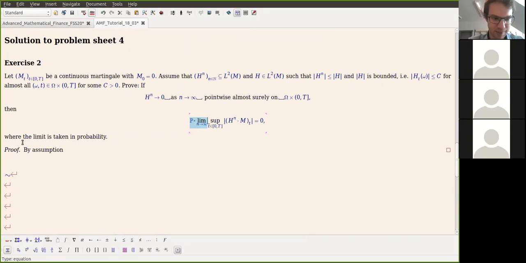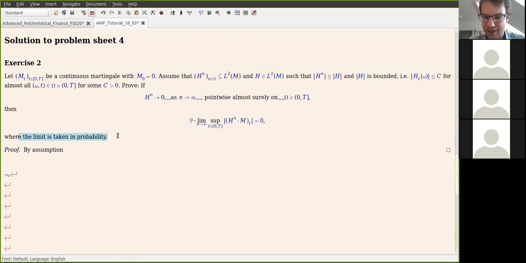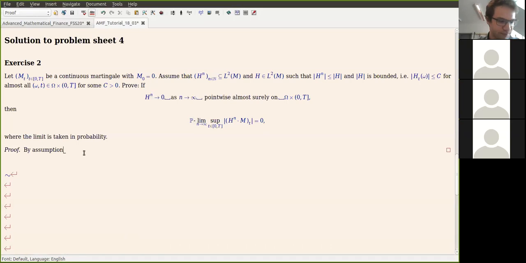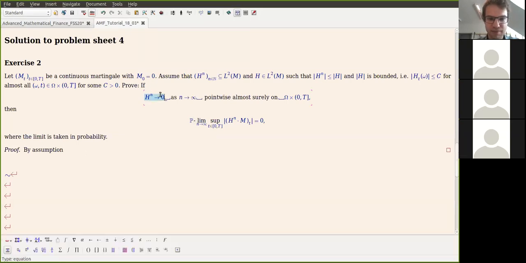This is the limit in probability, just written out again so that you see. And of course, if the limit in probability goes to 0, then we can find a subsequence that goes almost surely to 0. Okay, so the assumption is this.